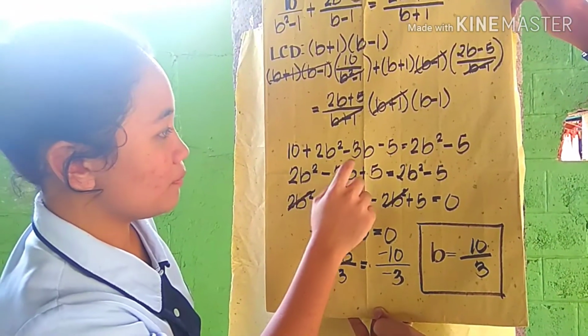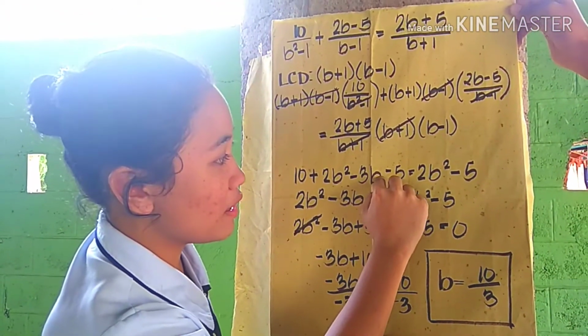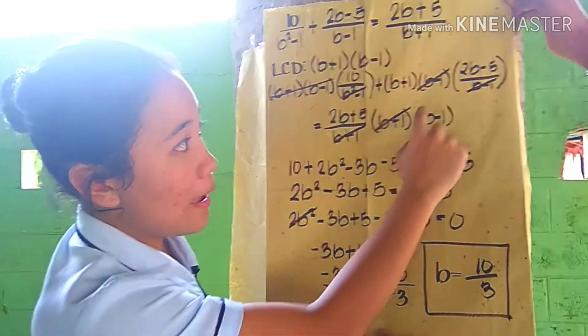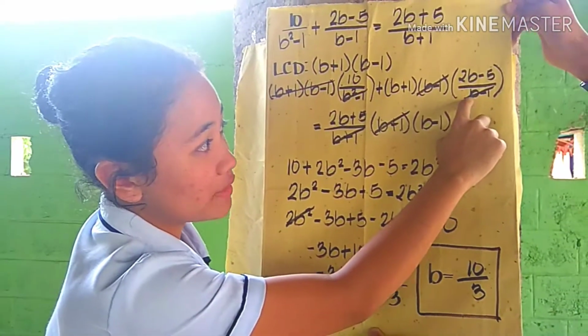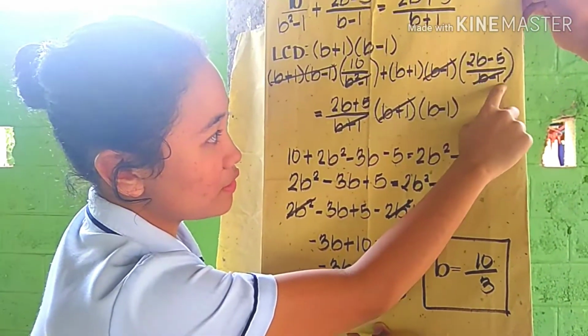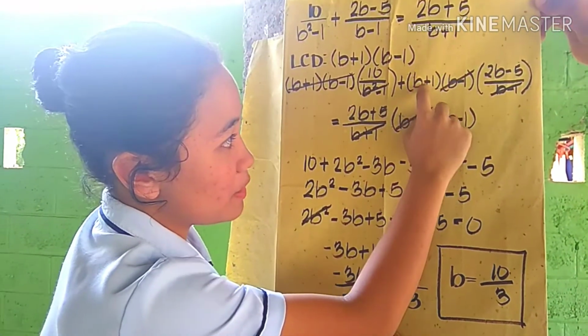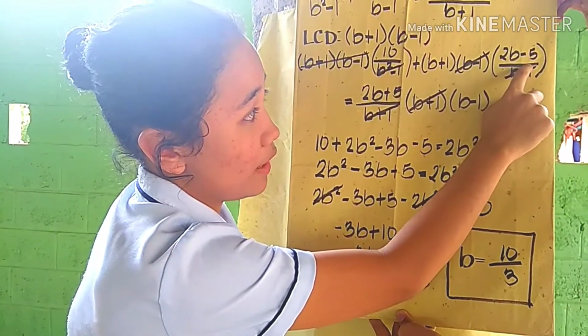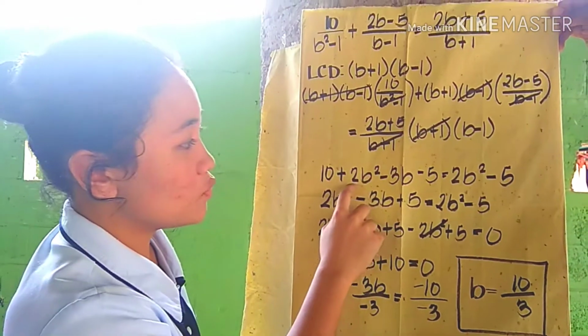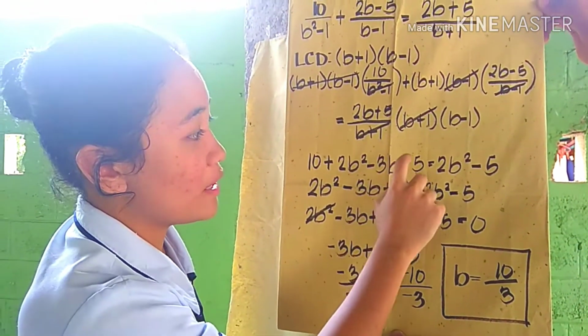The b minus 1 will be cancelled because the denominator is also b minus 1. Then the b plus 1 must be multiplied by the 2b minus 5. So the answer is 2b squared minus 3b minus 5.